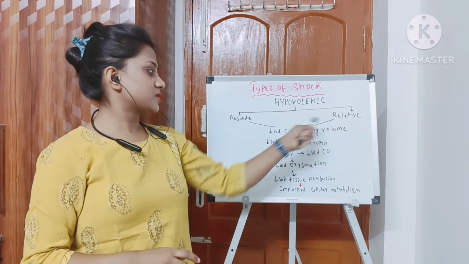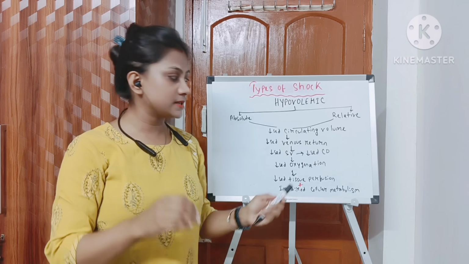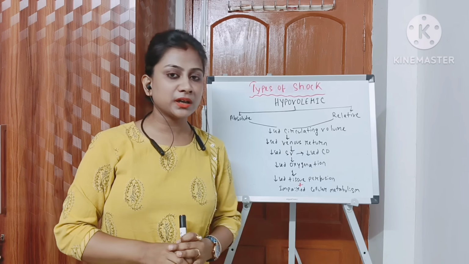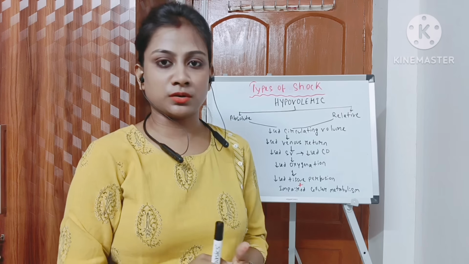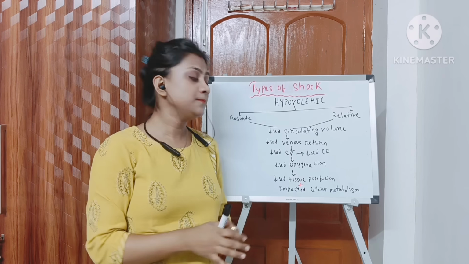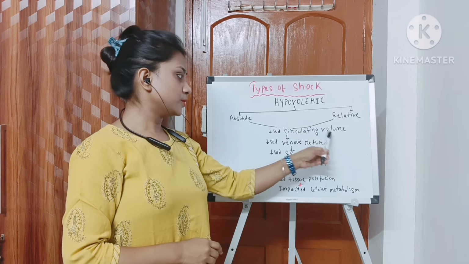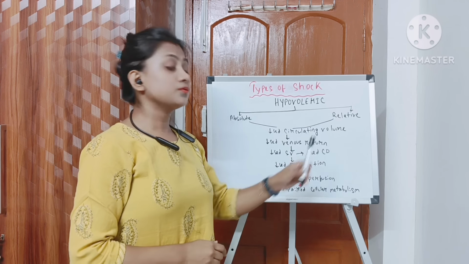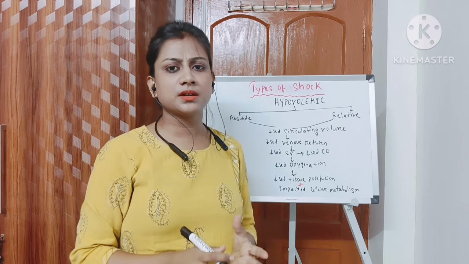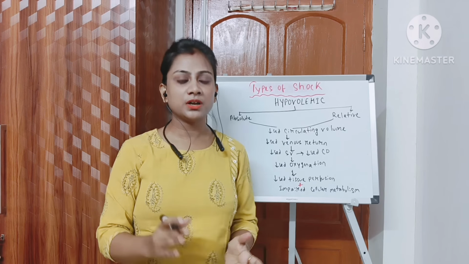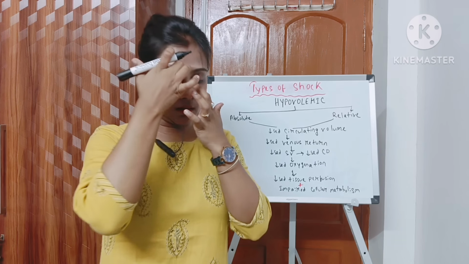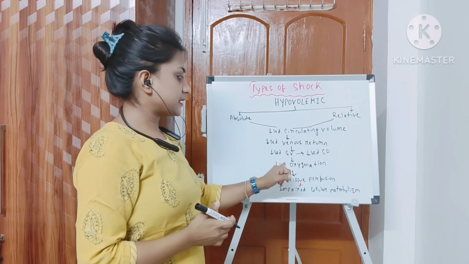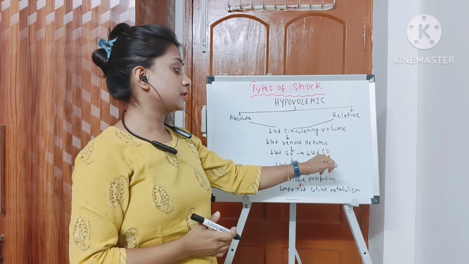So in both causes, whenever the volume is decreased, the circulating volume will be decreased. If the water or the blood is not there, what will circulate? So there will be decreased circulating volume. Due to that, venous return will decrease. Now what is venous return? Venous return means the amount of blood which is returning back to the heart. From the definition we can say that it is directly related to stroke volume, which is directly related to cardiac output.